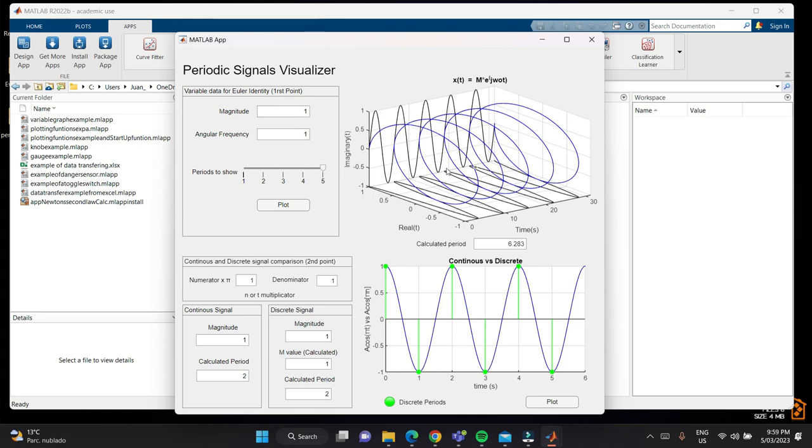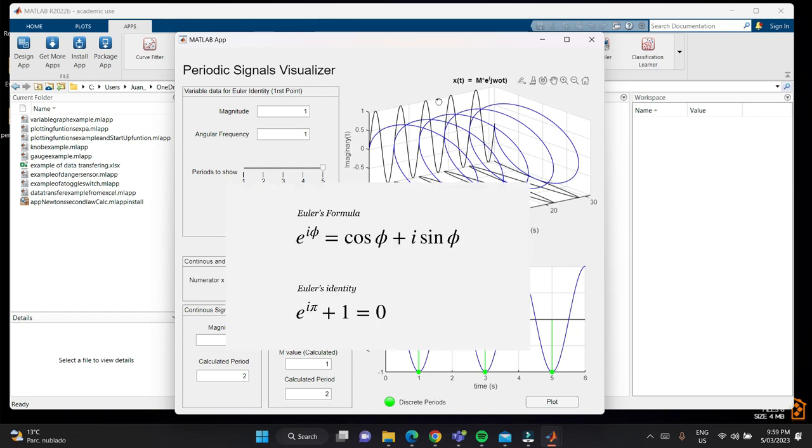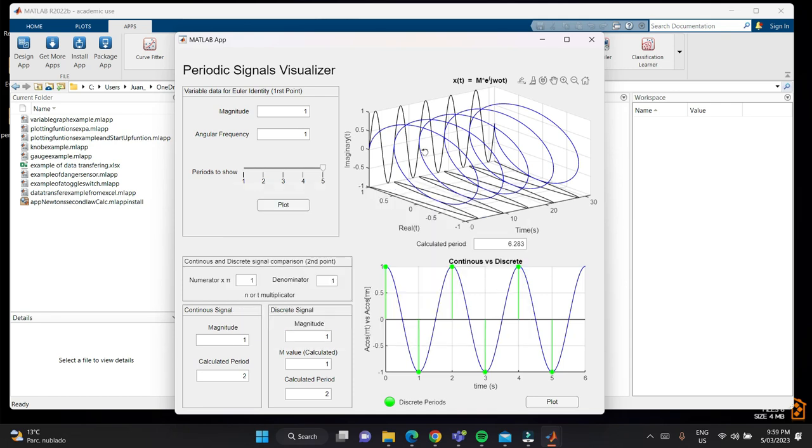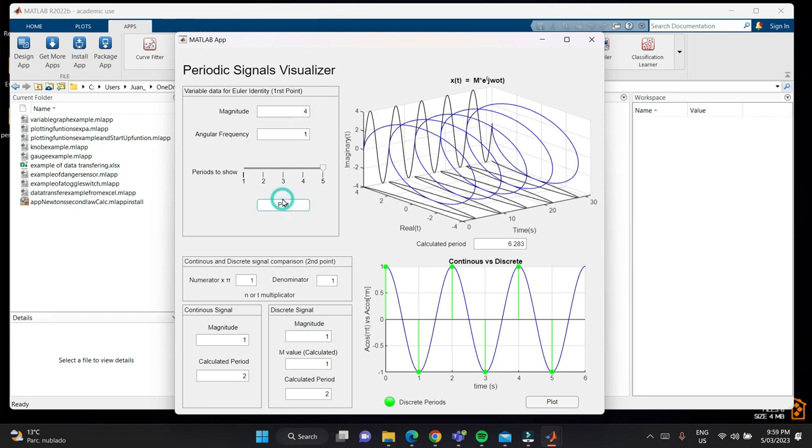So we got here the Euler identity, which I already explained. It divides into cosine and sine, and as we can see, we can play with it in magnitude. For example, we can introduce 4. We say plot, and we can see that the magnitude has increased.